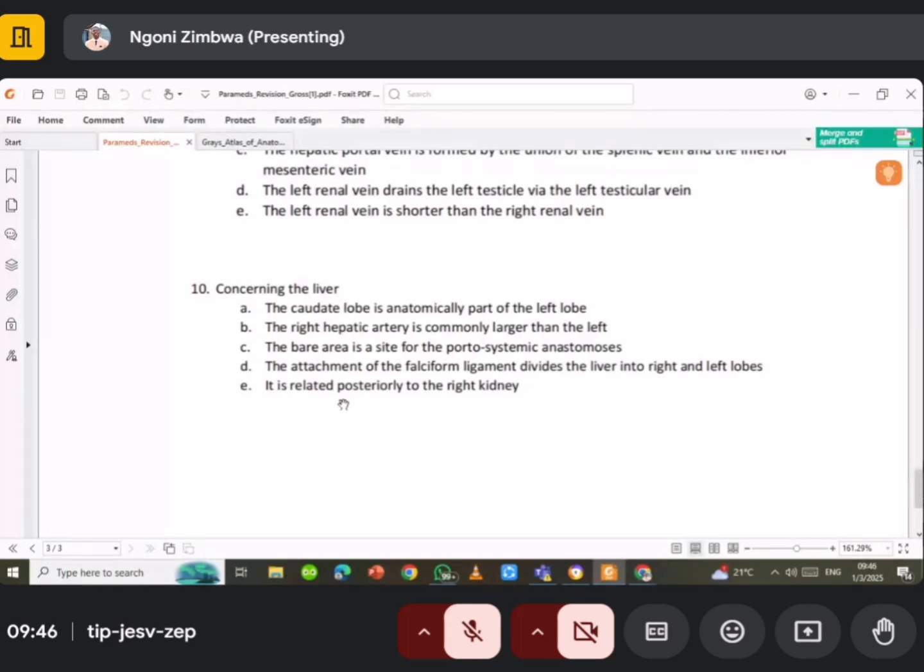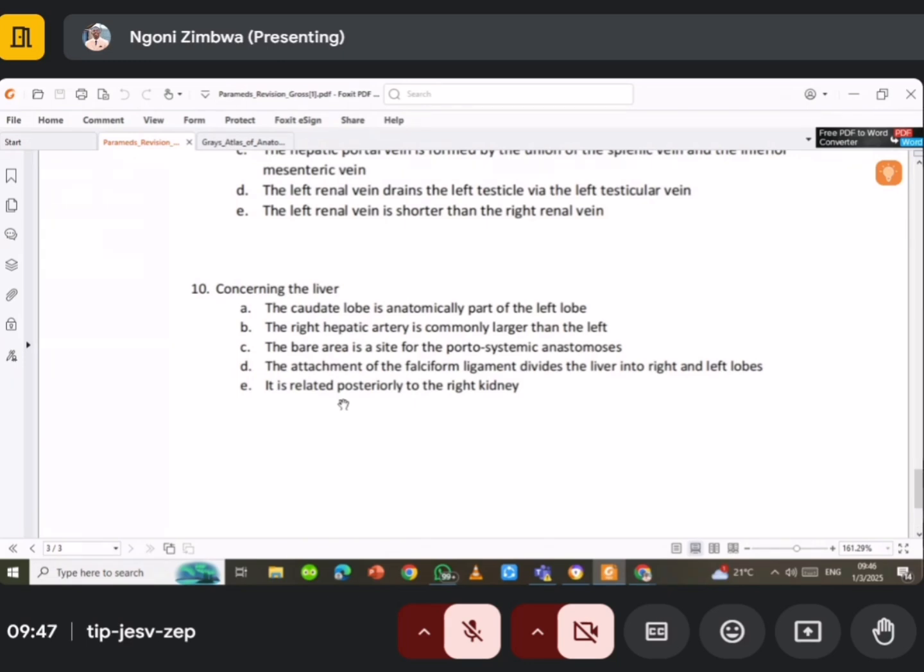So the caudate lobe and the quadrate lobe anatomically are part of the right lobe of the liver, but functionally they are part of the left lobe, which means the blood supply to the left lobe will supply the caudate lobe and the quadrate lobe, the venous drainage and everything, because they are functionally part of the left lobe. You understand? Good.